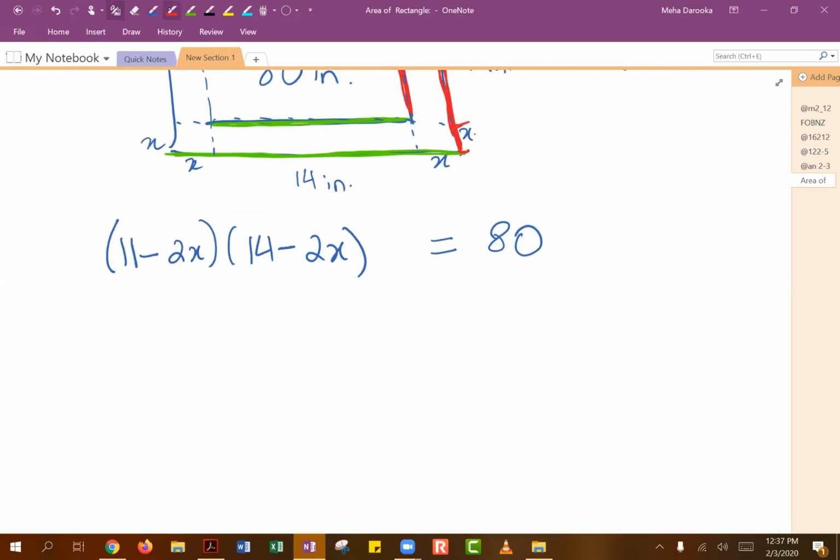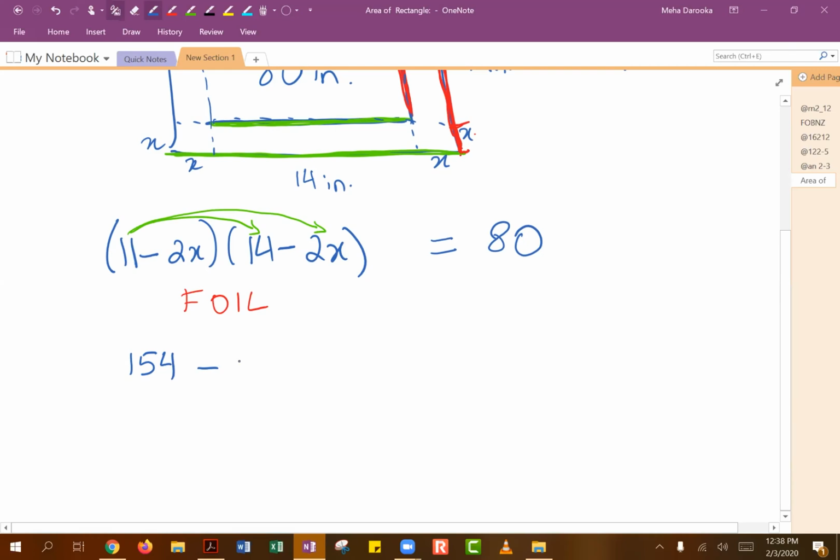So your magic keyword for the left-hand side, FOIL. Gotta multiply that out. So let's start with the first. What is 11 times 14? 154, very good. Now the outer for both, so that will be 11 times negative 2x.